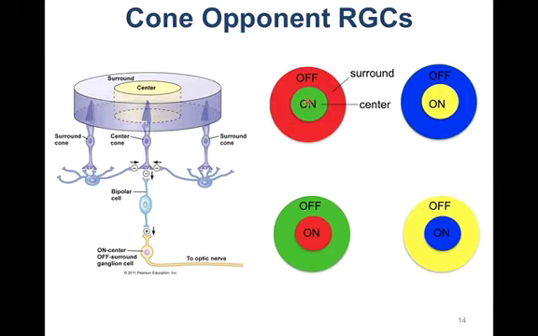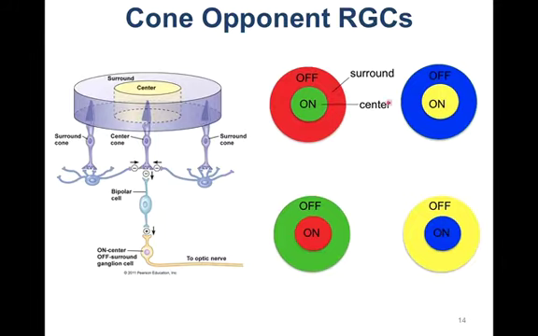So you can imagine a green on, red off. The opposite would be a red on center, green off surround. A yellow on center, blue off surround. And the opposite would be a blue on center, yellow off surround.